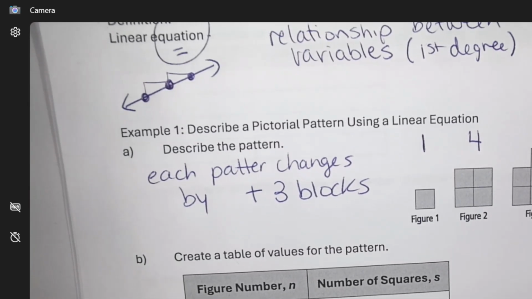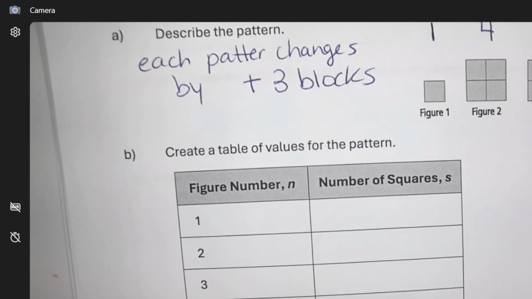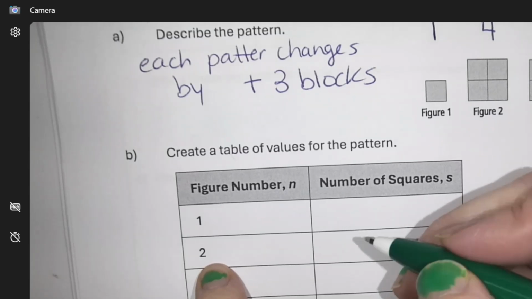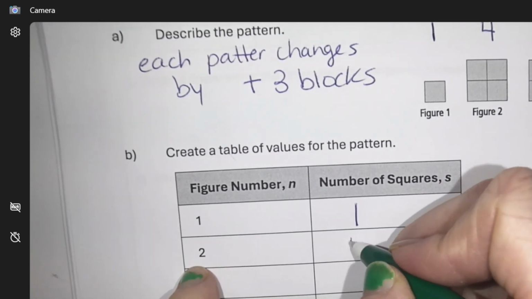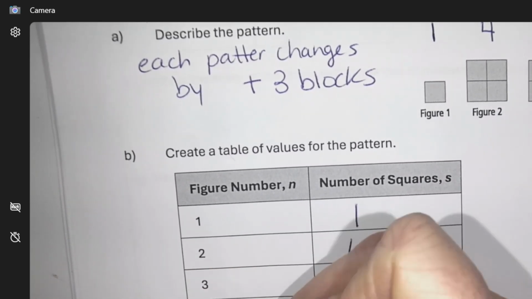Okay, so here we go. We're going to create a table of values. So in figure 1, we already kind of wrote this. We had 1 block, figure 2, 4, 7.